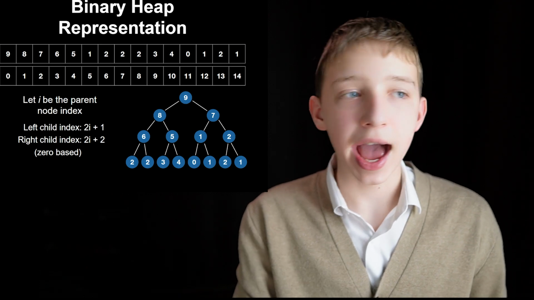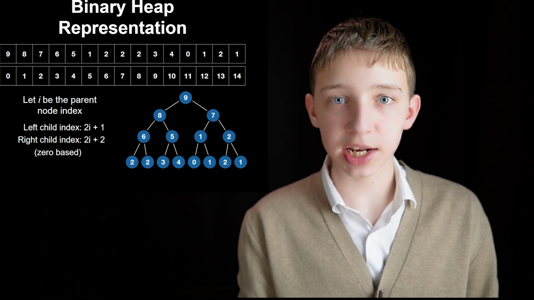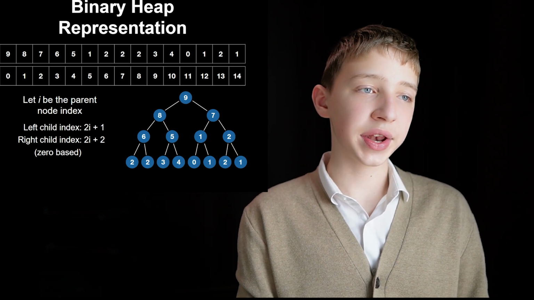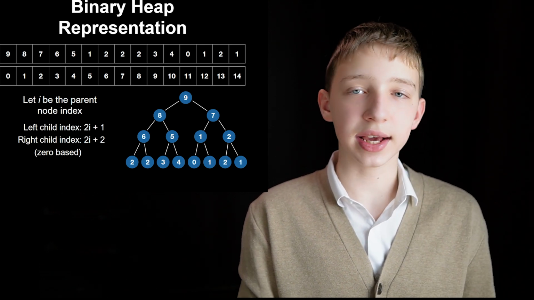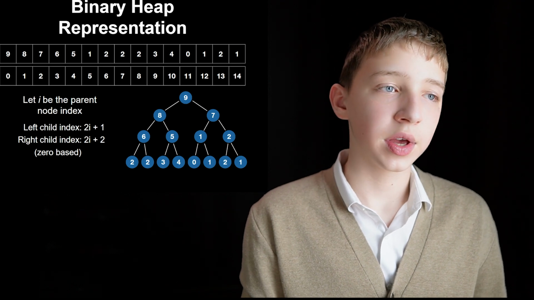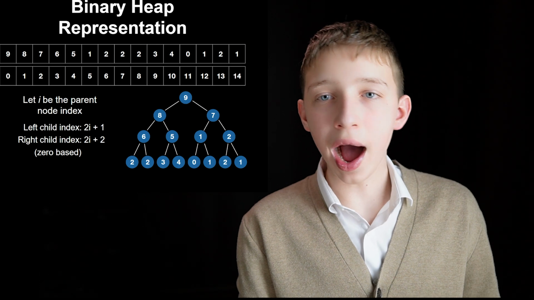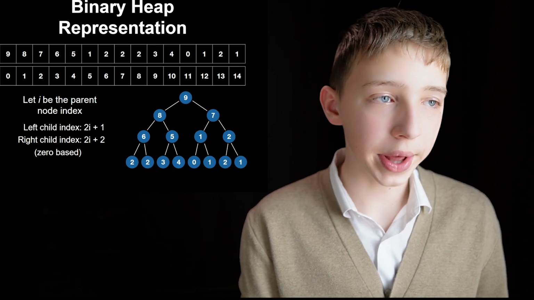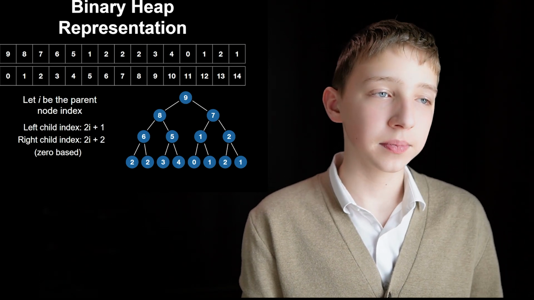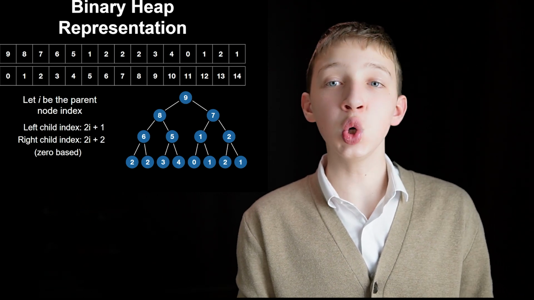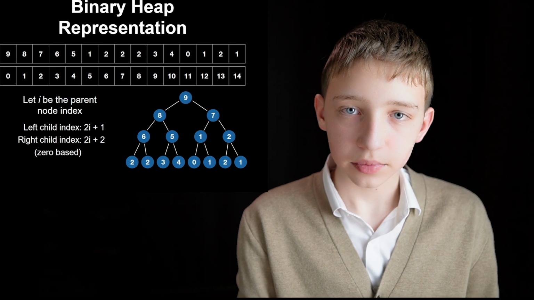Let i be the index of a parent node. Then the left child index in the array and in the heap would be 2i + 1, and the right child index, or the second child index, would be 2i + 2.